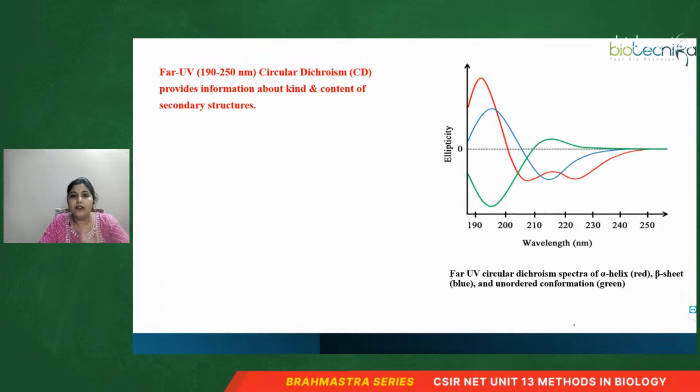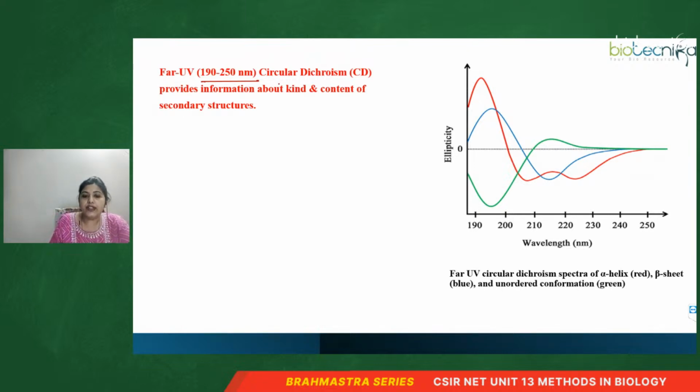Basically, here you have to recall one concept. As I told you, alpha helix structure, beta sheet structure, random coil, they show a particular band at a particular wavelength. Since alpha helix and beta sheet are secondary structures of proteins, which are mentioned in the question, remember, the far UV region, that is 190 to 250 nm, is the region used to analyze proteins if we want to study the secondary structure.